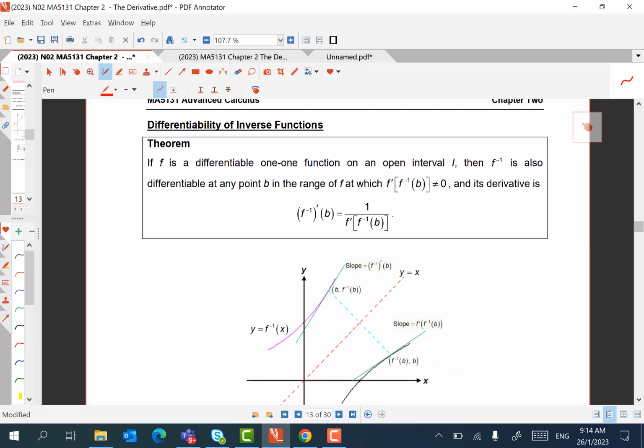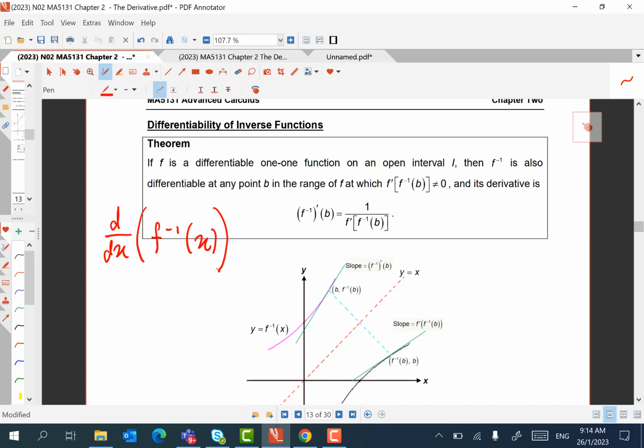Okay, anyway, let's come back to math on inverse functions. We are trying to learn how to differentiate the inverse function.